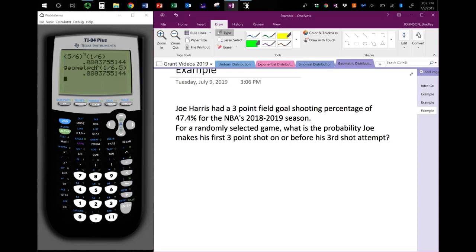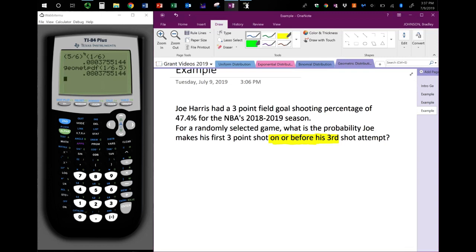For a randomly selected game, what is the probability Joe makes his first 3-point shot on or before his third shot attempt? So on or before. So you see how I'm interested in getting a success by the 3rd shot, or we would be happy with a success on the 2nd shot or the 1st shot even.